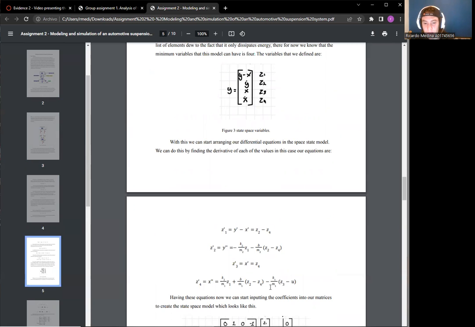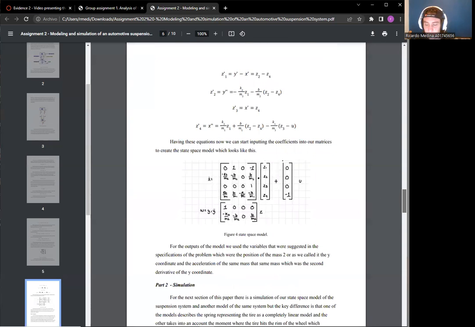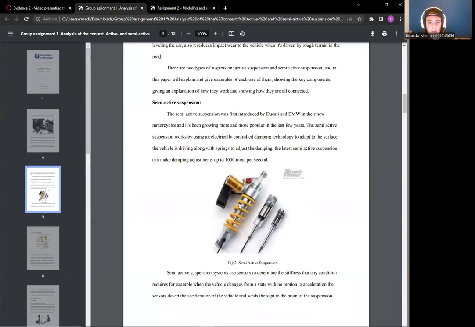That signal would go to the mechatronic system to raise or lower the damping coefficient. Nowadays, semi-active suspension systems are very advanced because they can make adjustments up to 1,000 times per second, which is really quick.